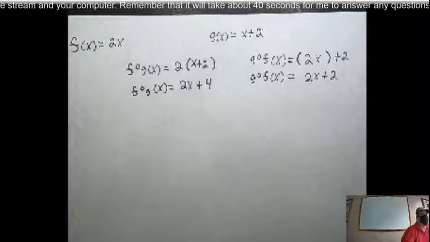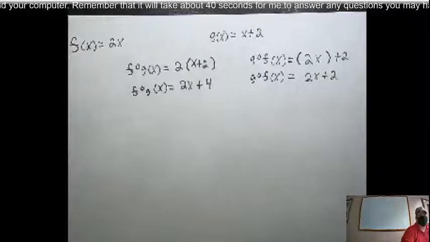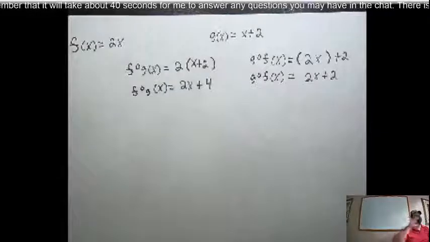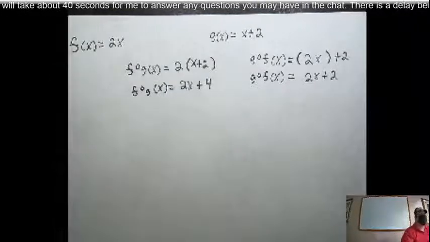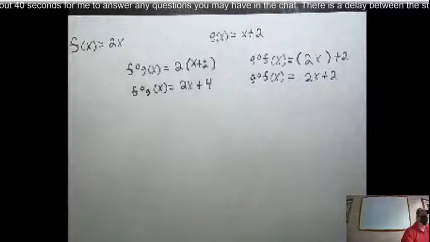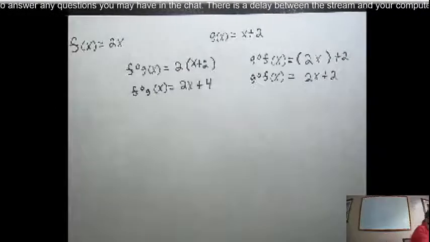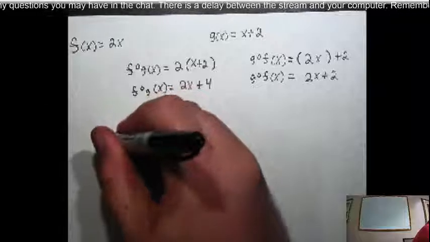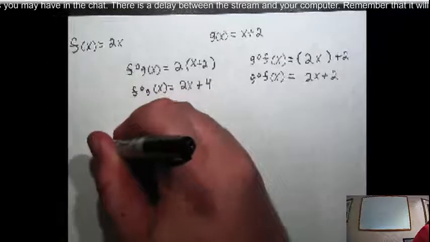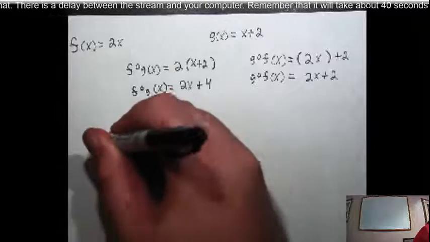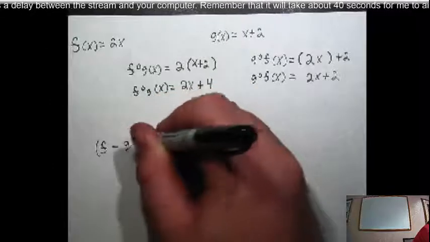Now, this isn't the only way to put functions together. We can plug one function into another one, but we can do some other things, a little bit more complicated, but not really. We can do things like f minus g of x.